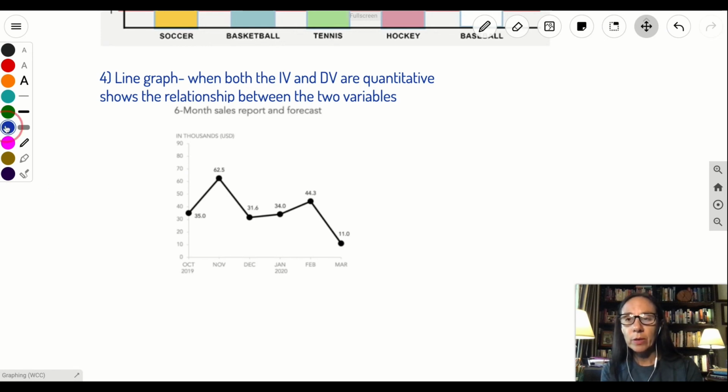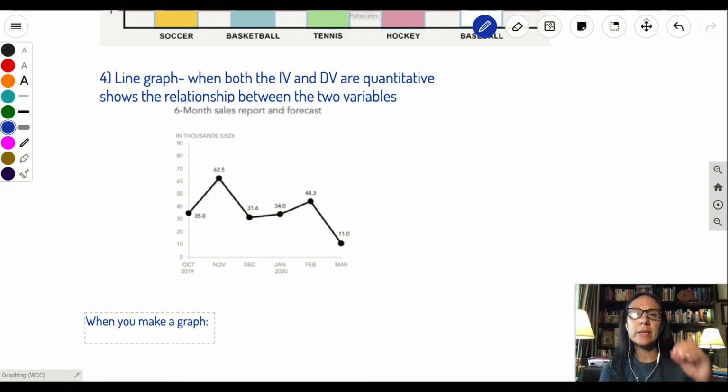Another thing that I want to tell you is that these are the rules for making a graph. Okay. On the x-axis, you always put your independent variable. So the independent variable goes on the x-axis.